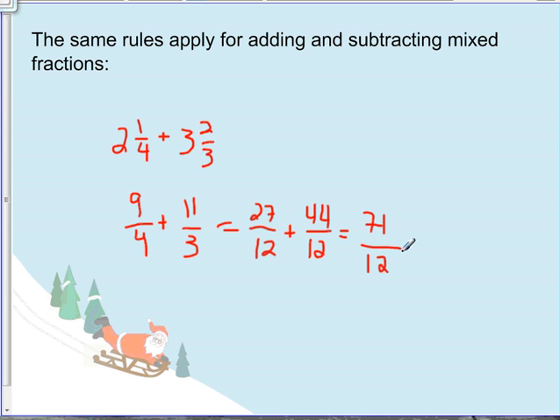You can turn this back into a mixed number if you'd like. So 71, 12 goes into 71 5 times with 11 left over. So 5 and 11 twelfths.